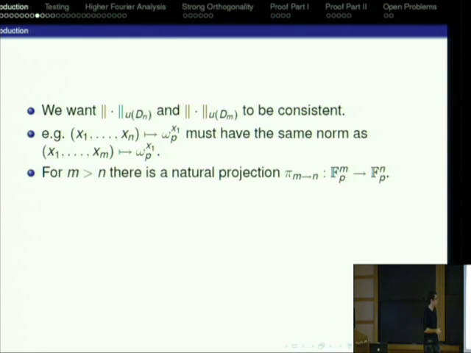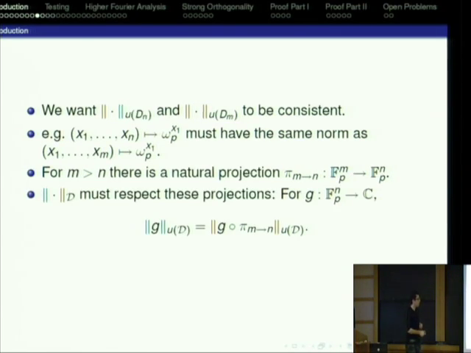So let me formalize this. For every m larger than n, there is a natural projection from F_p^m to F_p^n by just dropping the last coordinates. And I want the norm to satisfy the following property. If you take a function from F_p^n to C, and treat it as a function from F_p^m to C, so you compose it with the projection, you want to have the same norms.